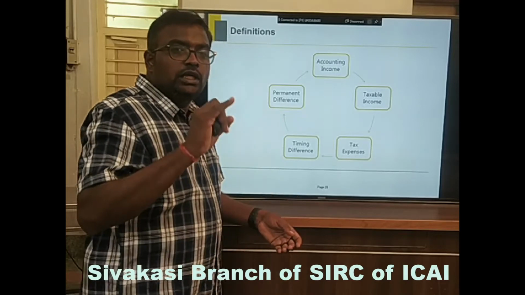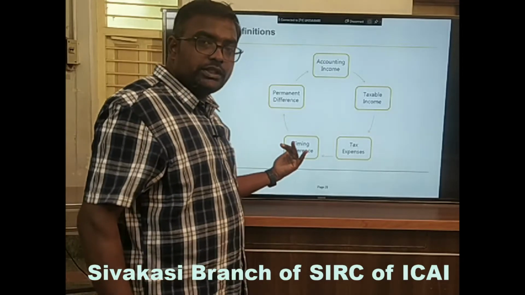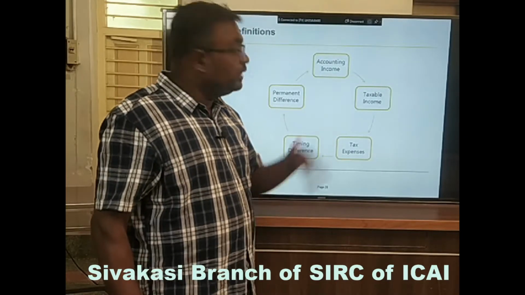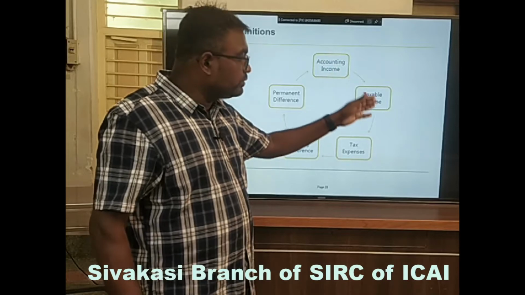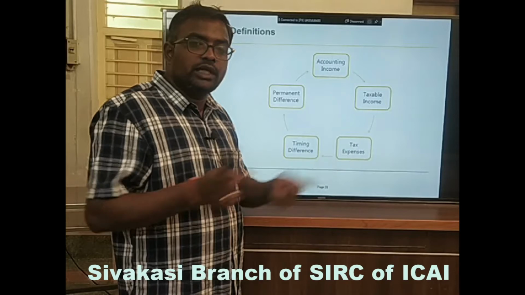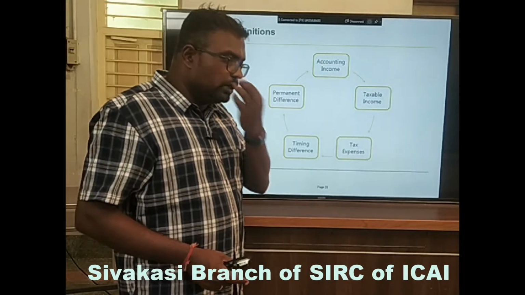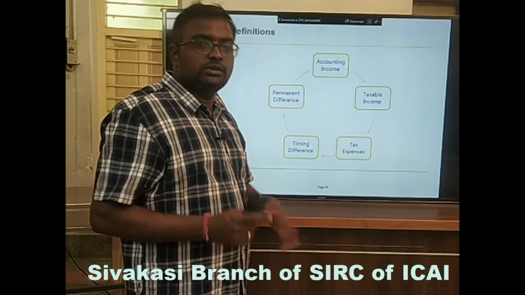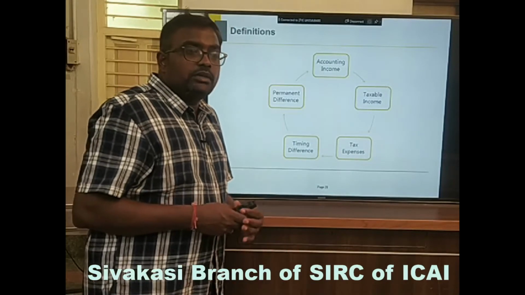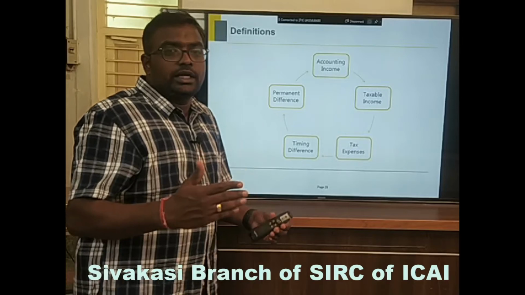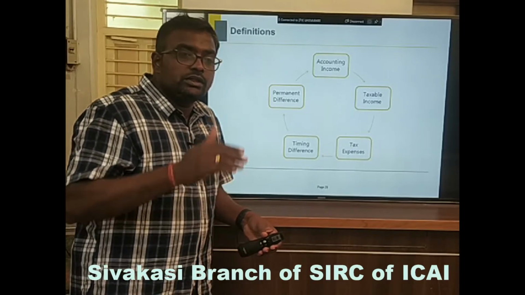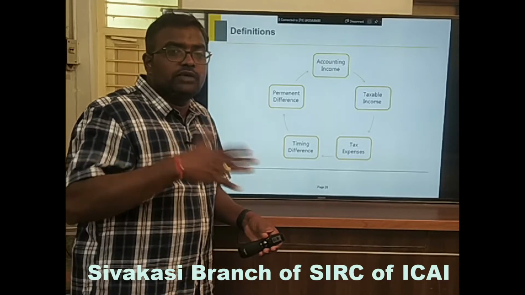So the 50, because of the timing difference in the bonus example, you recognize as deferred tax income, and you reverse it when the bonus is actually paid and allowed under the Income Tax Act. So that is how it works. In simple terms, if something is allowed under the income tax act, you create a deferred tax liability. If something is not allowed, you create a deferred tax asset.